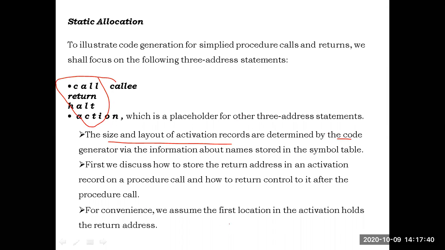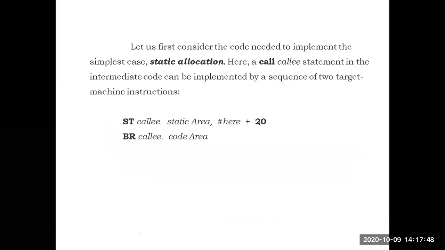The first location in the activation record holds the return address. Clear? Here we will consider the simplest case of static allocation. In the static allocation, how can we represent that code? That we will see.